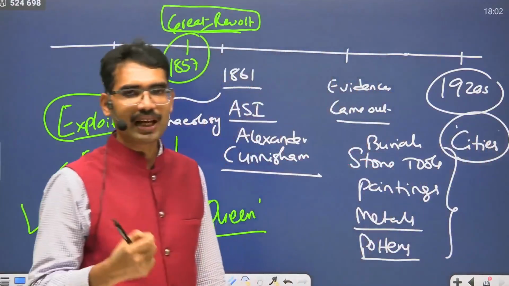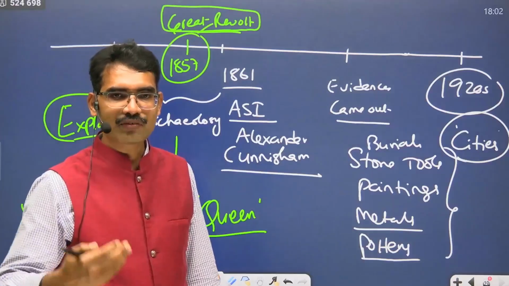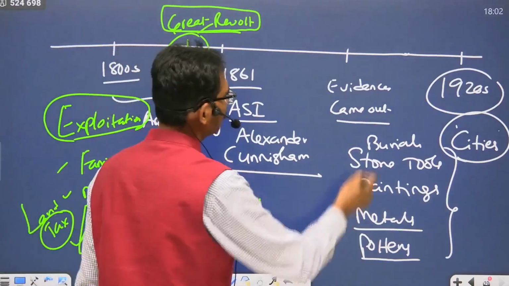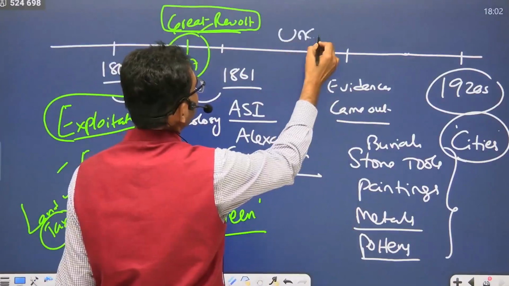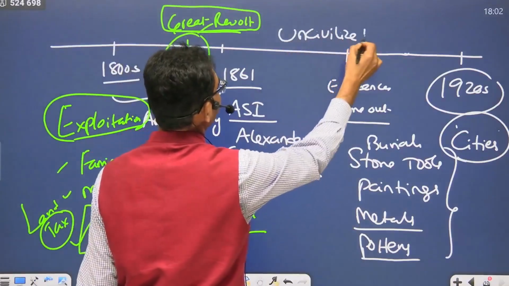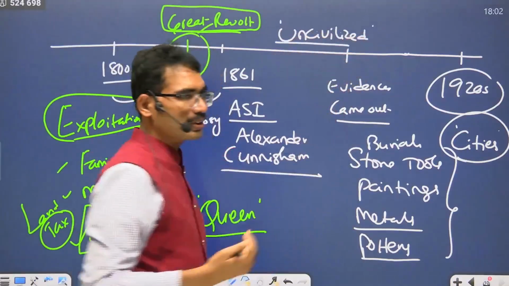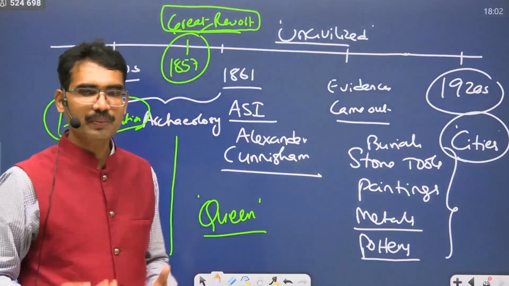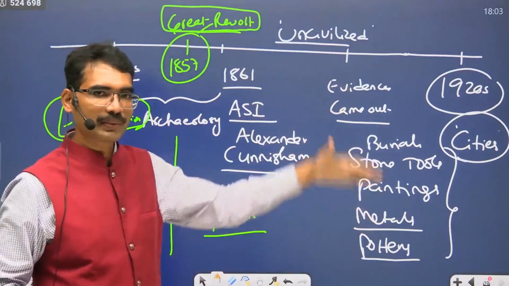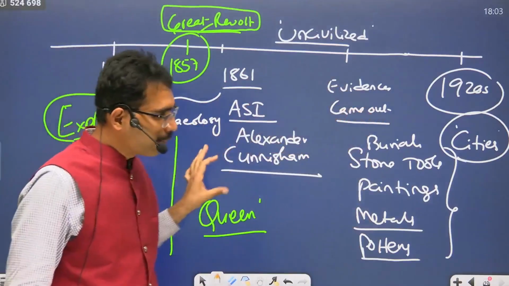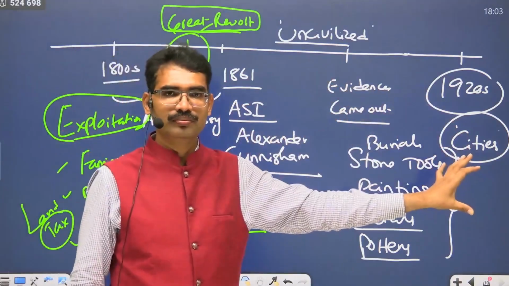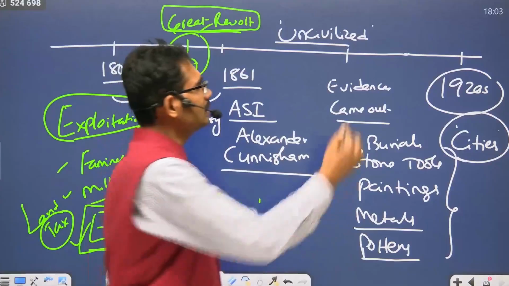Cities means civilized. What is the fundamental ideology of the British? Indians are uncivilized people. Gradually, are you getting the importance of the prehistoric period, proto-historic period, or the first two chapters? The more they dig out, their ideology is becoming wrong.